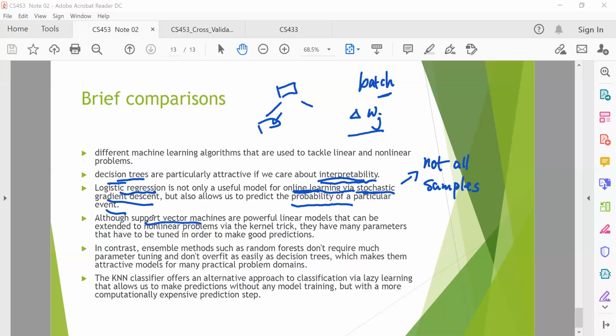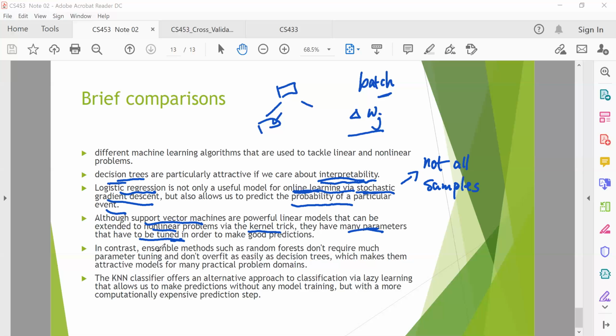And support vector machine is a powerful linear model, as we know. Via the kernel trick, you can also deal with non-linear problems. There are many parameters you need to tune for SVM, so just be careful.